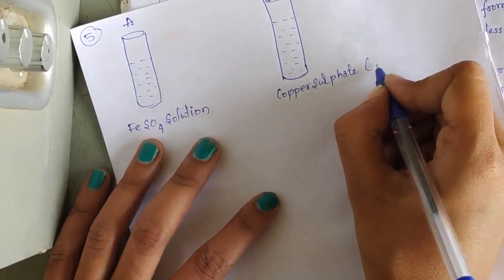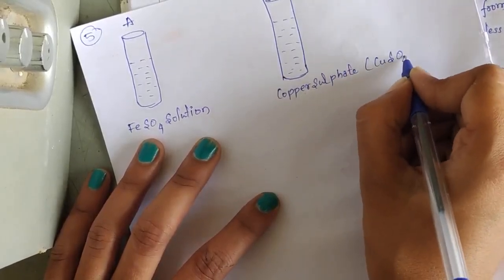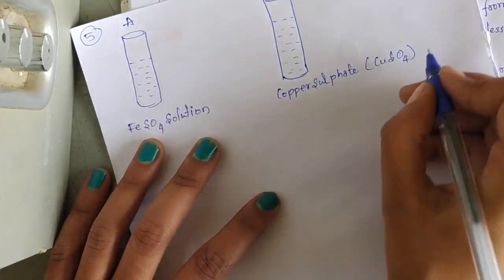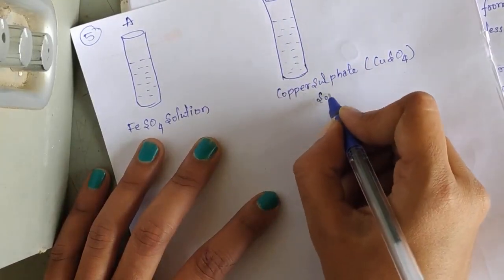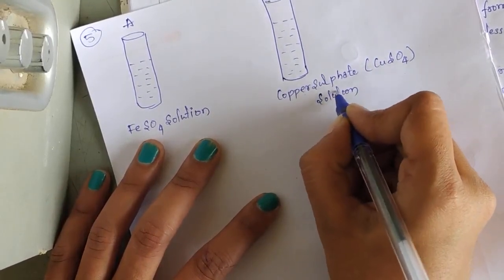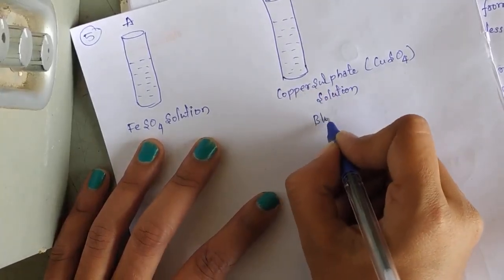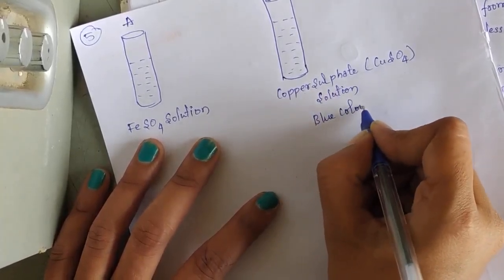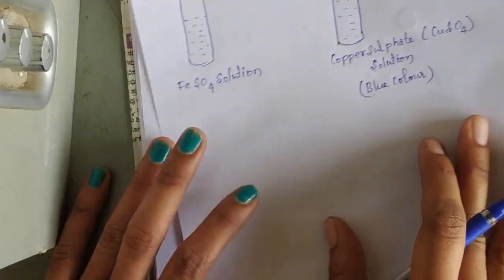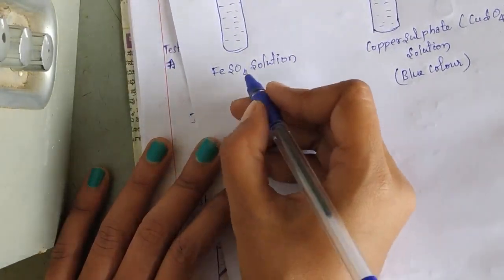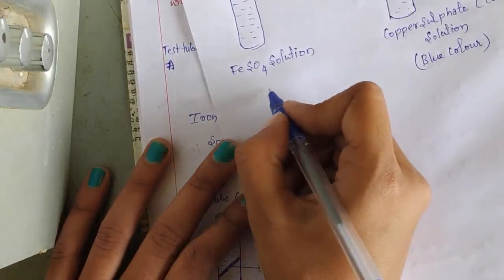Copper sulfate, its chemical formula is CuSO4, copper sulfate solution, and its color is blue. And this ferrous sulfate solution color is green.